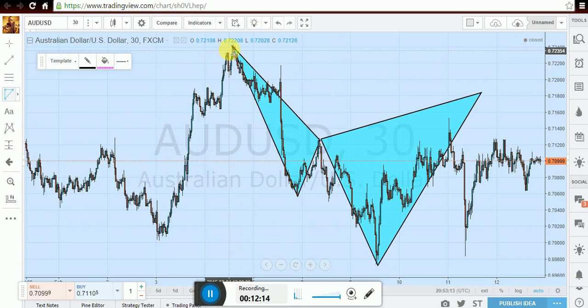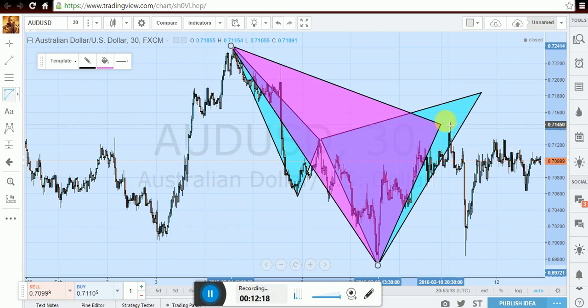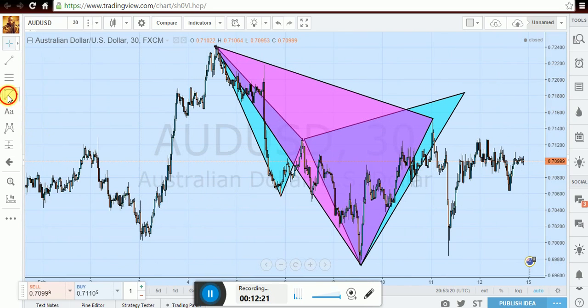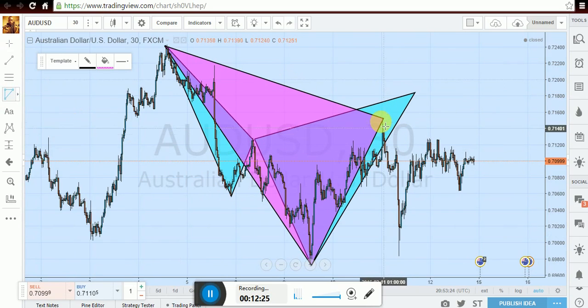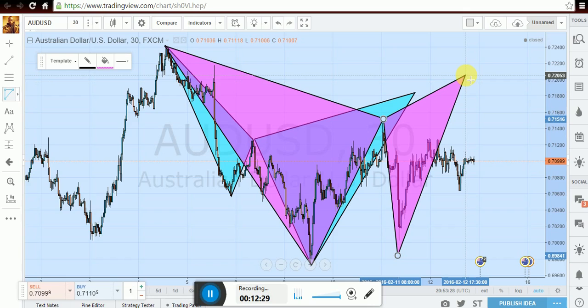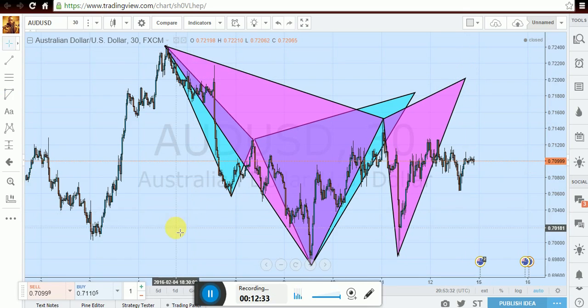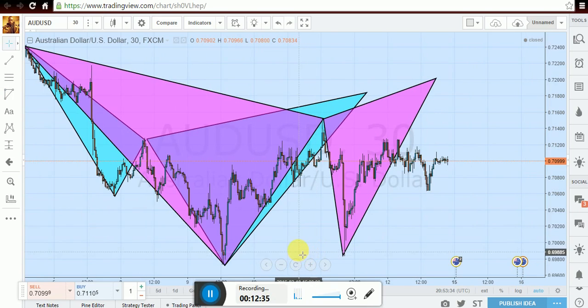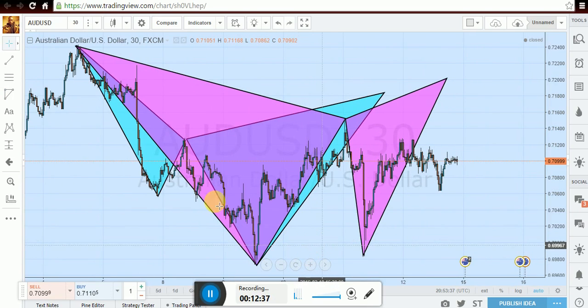So the next one I can see here is, I can see a godly. Looking at that impulse leg, this will definitely terminate just a little bit higher than that. So the next pattern I can see, I think we do have a little cipher right there.